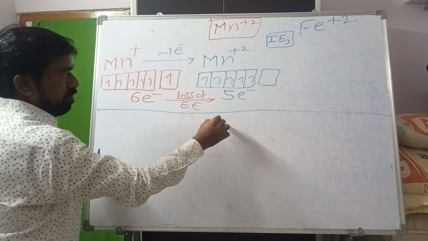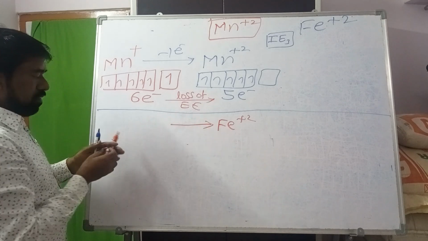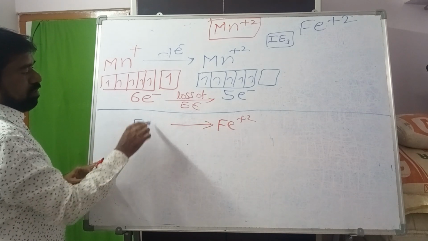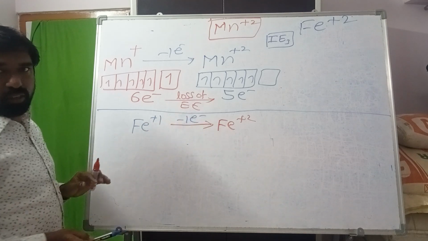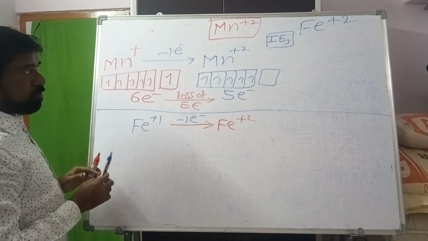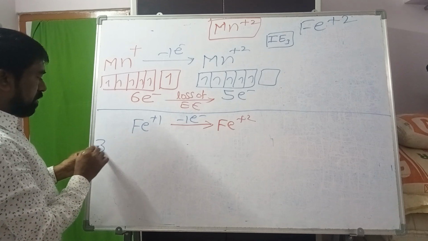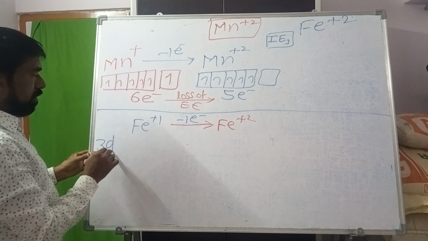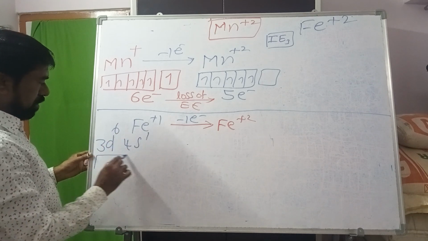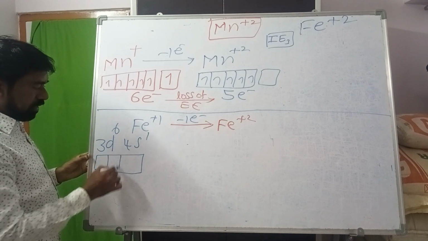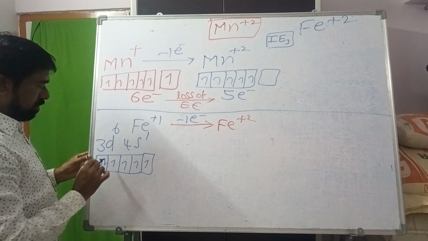Fe plus 2 is formed from, what is its parent ion? Fe plus 1. From this one, only 1 electron is removed. Then Fe plus 1 means, what is the configuration? It is 3d orbital 6 electrons, 4s orbital 1 electron. 3d orbital 6 electrons arranged like this: 1, 2, 3, 4, 5 and 6.